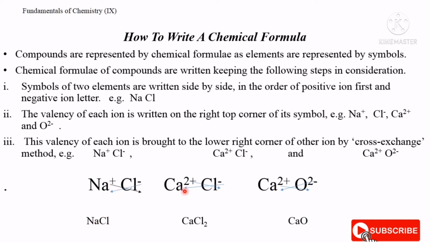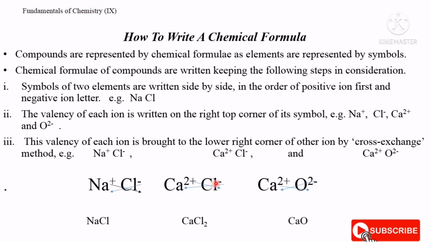And in the case of calcium and chlorine, Ca 2 positive and Cl negative, we have to write down the 2, that is the valency of calcium. It should be cross exchanged to the lower right corner of the chlorine, so it becomes CaCl2.